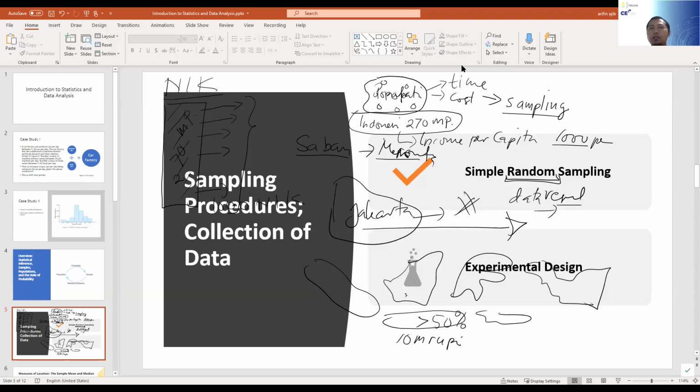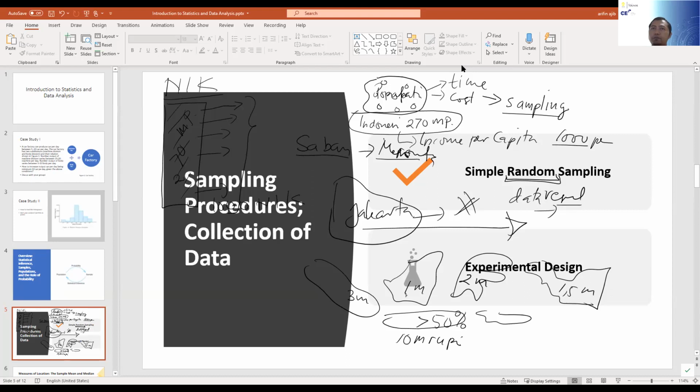For example, here in Sumatra, maybe only 3 million. In Kalimantan, only 1 million. In Papua, maybe only 1.5 million. And this is maybe 2 million. This is just an example.